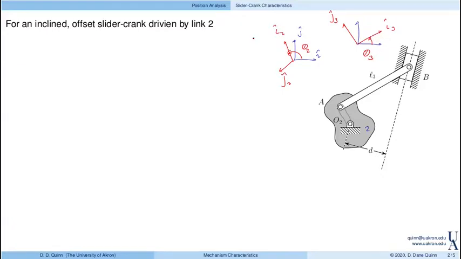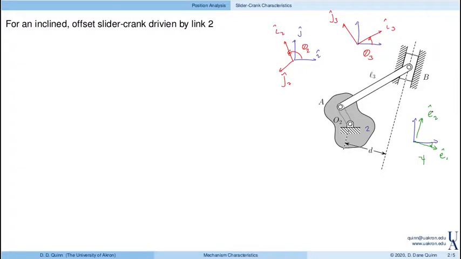And finally, I am going to identify the direction of the slider motion. I'll call that E1 and E2. Here, E2 is parallel to the motion of the slider, and we'll define the angle psi that relates E1 and E2 back to I and J.